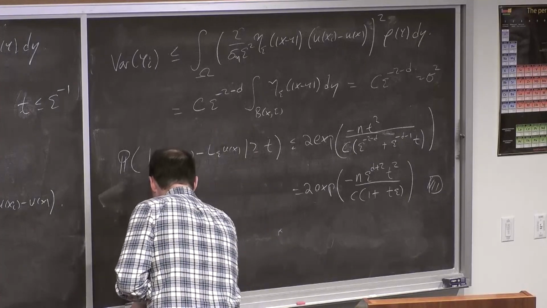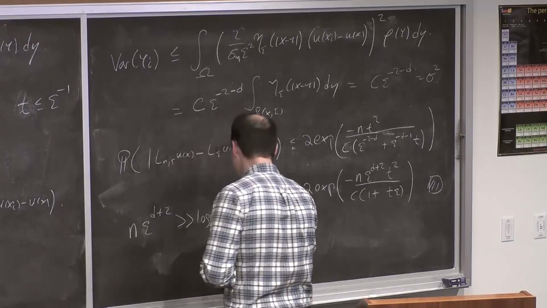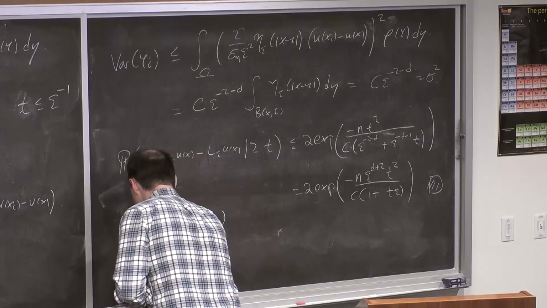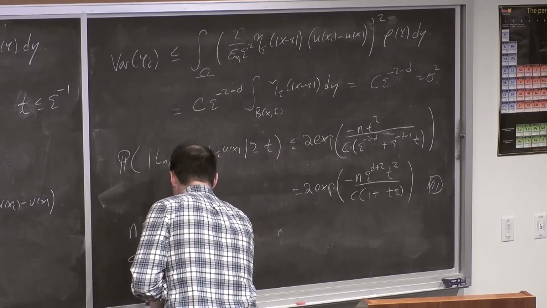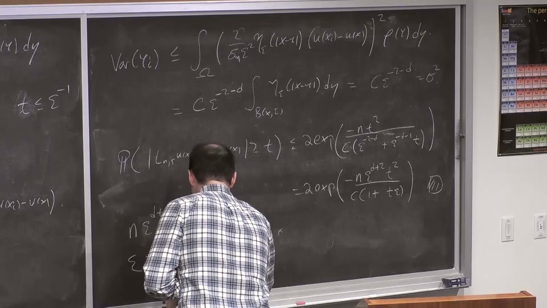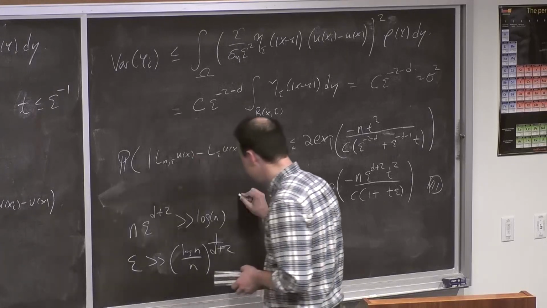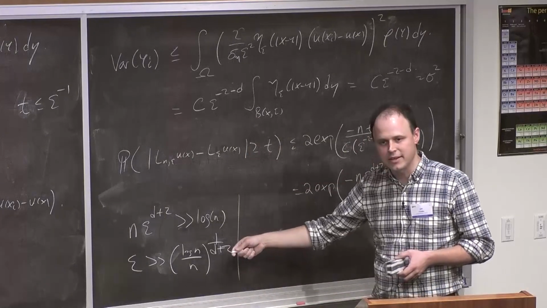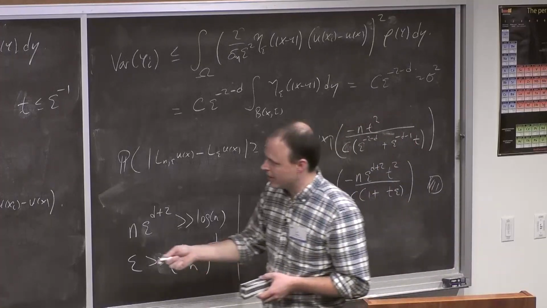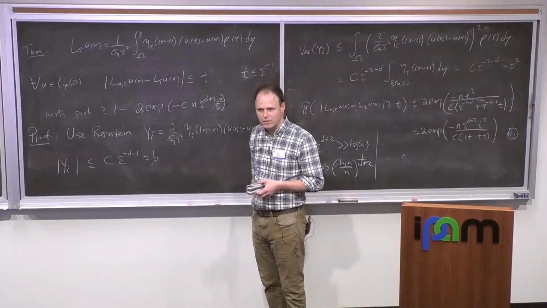And so this turns into a length scale restriction that epsilon is much bigger than log n over n to the 1 over d plus 2. So you immediately get this kind of lower bound length scale restriction for epsilon if you want to have consistency even for non-local operators.